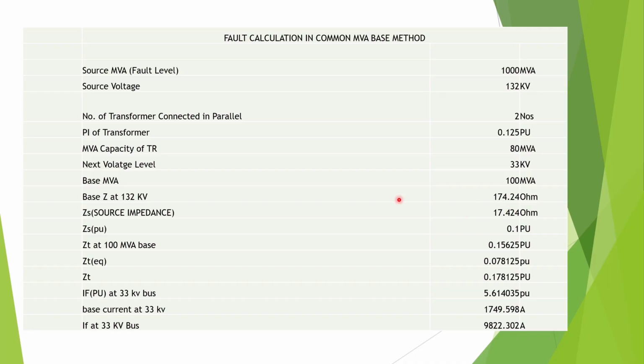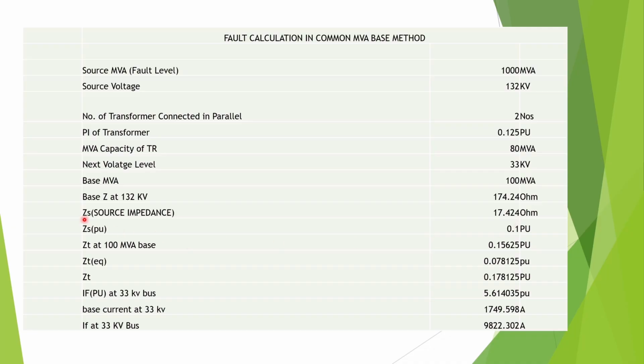We can then calculate the source impedance, given by kV squared by fault MVA. The fault MVA is 1000 MVA and the voltage level is 132 kV, so the source impedance is 132 into 132 divided by 1000, which is 17.424 ohm.